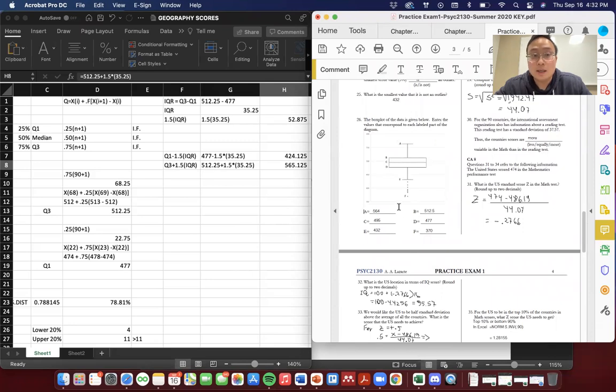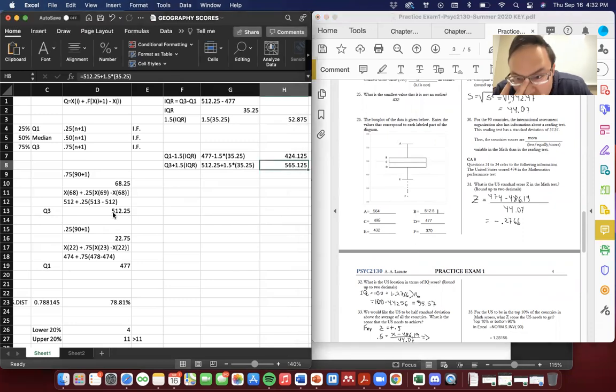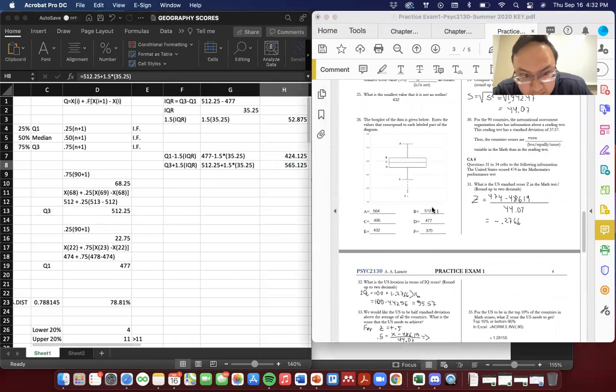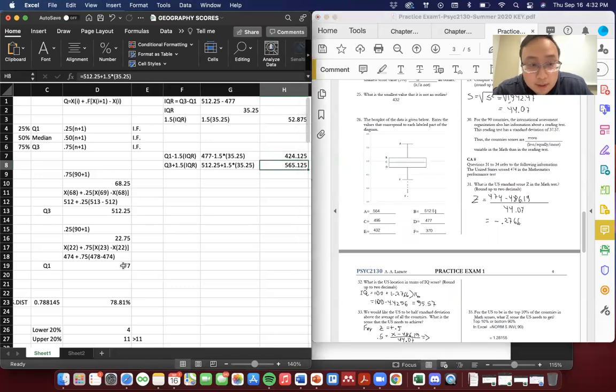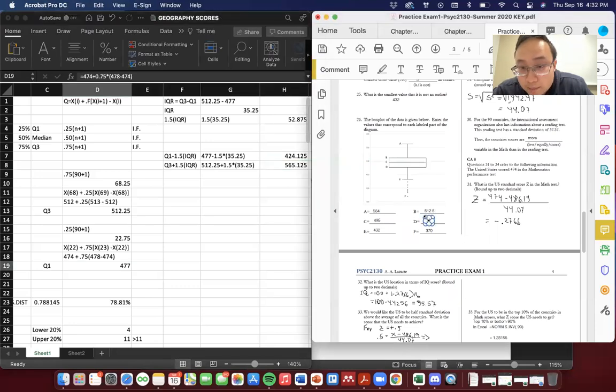B and D are quartiles 3 and 1. So B is quartile 3, 512.5. Close enough, right? There you go. Quartile 1 is D, which is 477, right here.